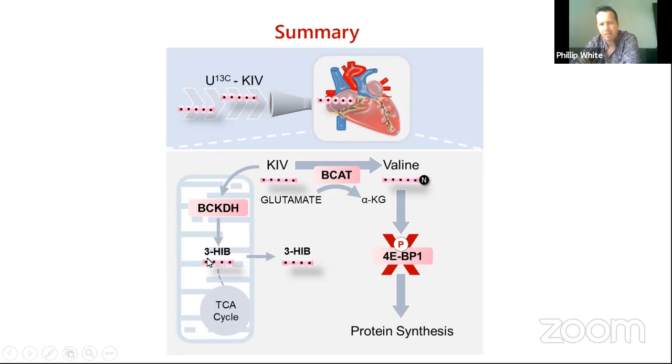And even in that case, very little makes it to the TCA cycle. We think that the reaminated amino acids are sequestered away from the mitochondria due to low levels of expression of the mitochondrial solute carrier for the branched-chain amino acids, SLC25A44, within heart, and that's a tissue-specific expression pattern.